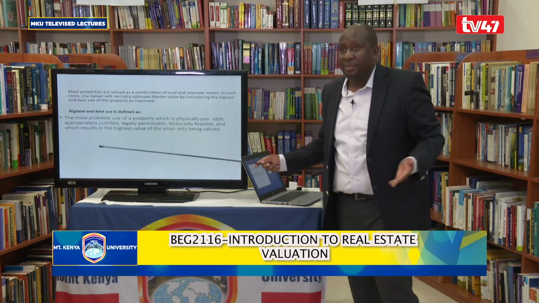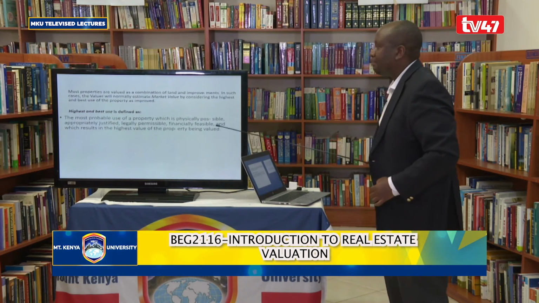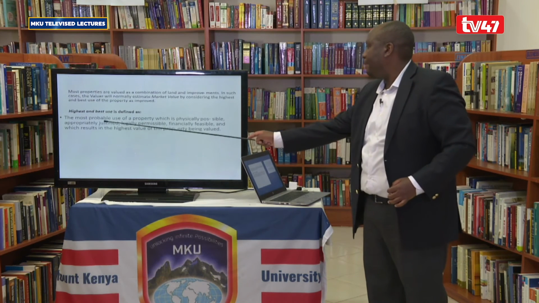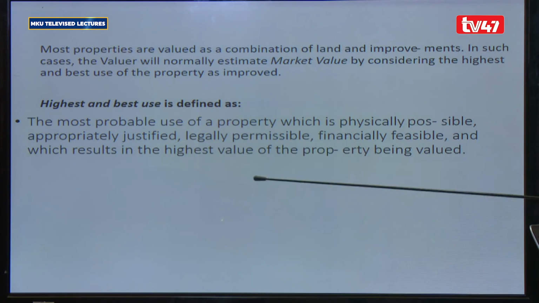It is defined as the most probable use of property which is physically possible, appropriately justified, legally permissible, and financially feasible, and which results in the highest value of the property being valued.